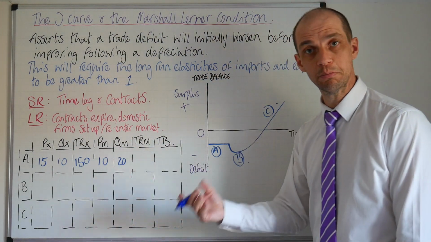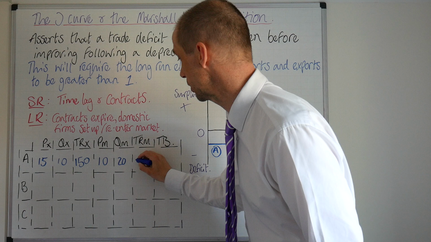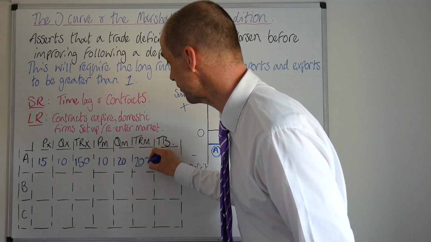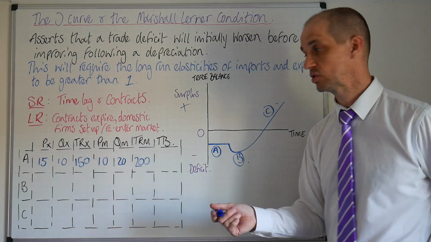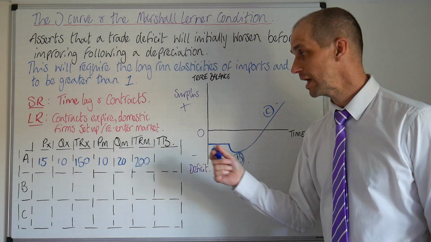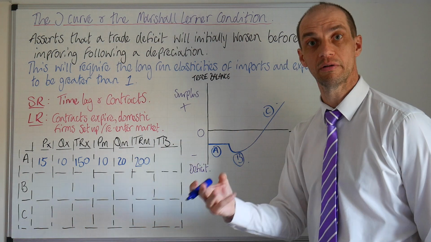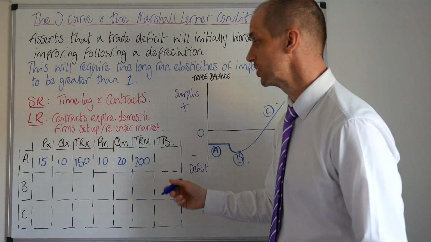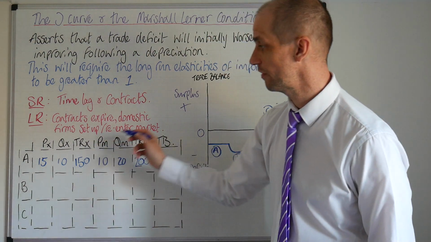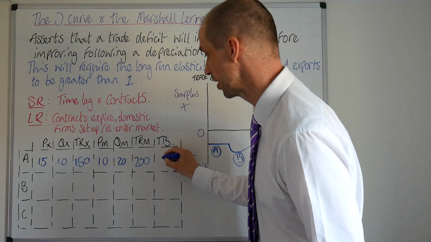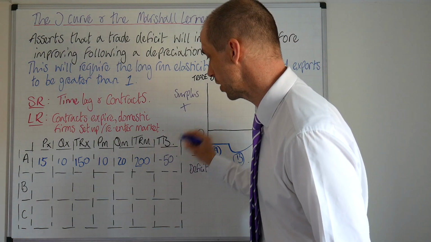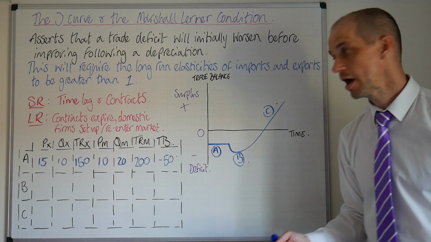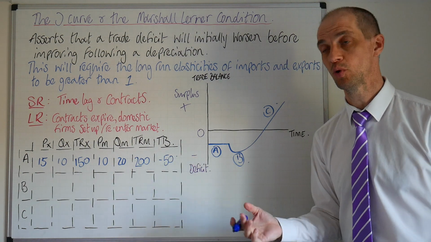The quantity of imports demanded, however, is 20. So that leads to a revenue generated for imports of 200. That, of course, is a withdrawal from our circular flow of income, and that is a negative on our trade balance. So overall we've got 150 coming in, 200 going out, and therefore we are left with a minus 50 trade deficit situation.